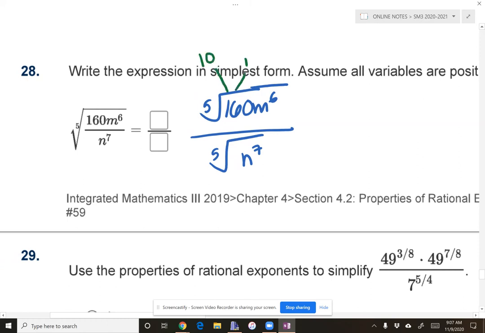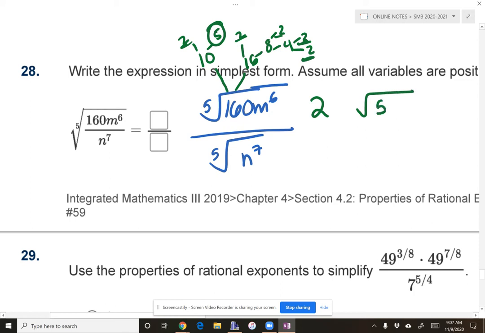I'm going to go 10 and 16. Okay, and 10 is 2 and 5, and 16 is 2 and 8, and 8 is 2 and 4, and 4 is 2 and 2. So I broke that down. If you notice, I have 5 2's. Okay, so my 2's are going to come out, but then I still have this 5 left on the inside. So I'm going to remember that. I'm going to even write it. A 5 left on the inside.